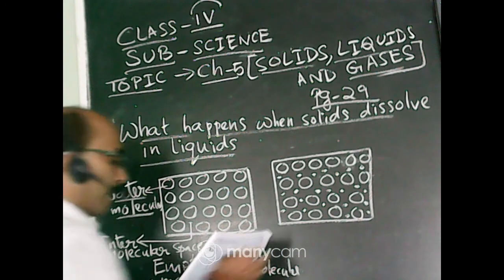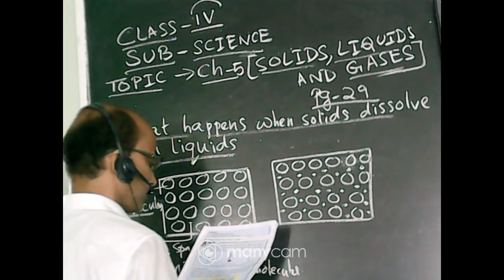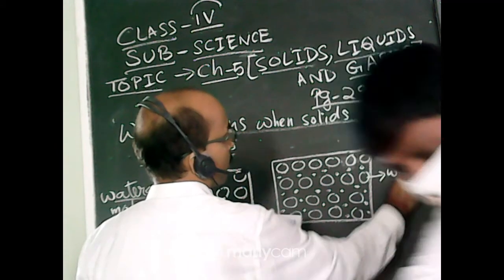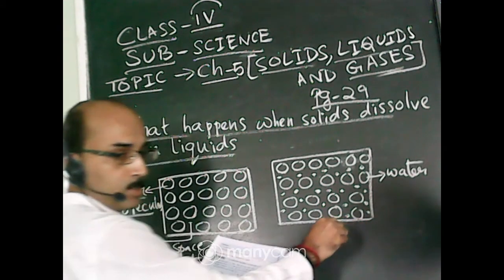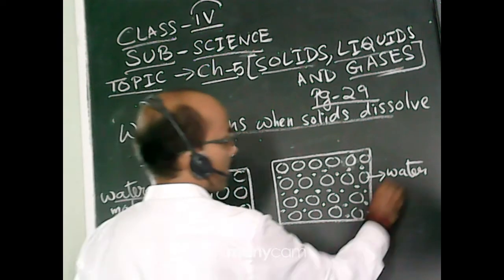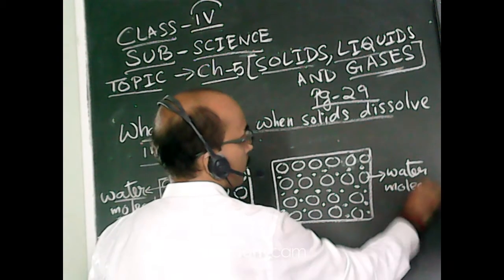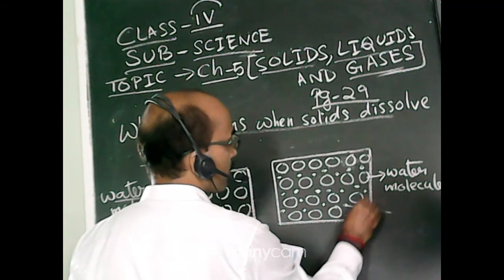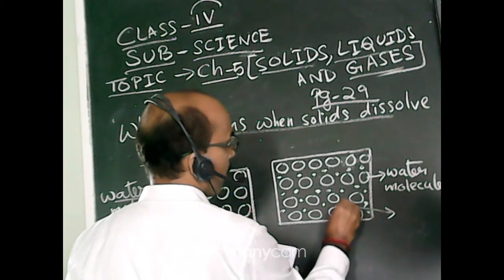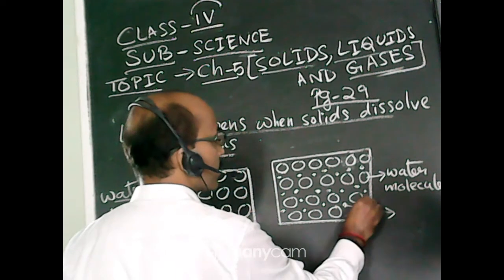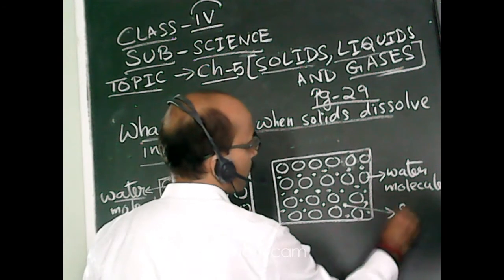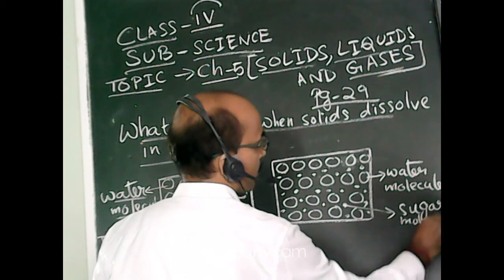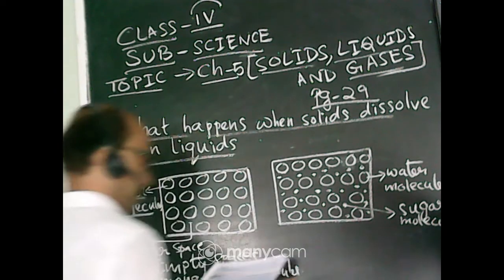So I will write there: these are water molecules and these small dots are sugar molecules. What happens here?